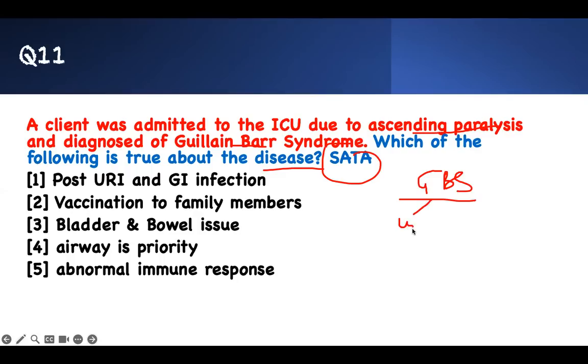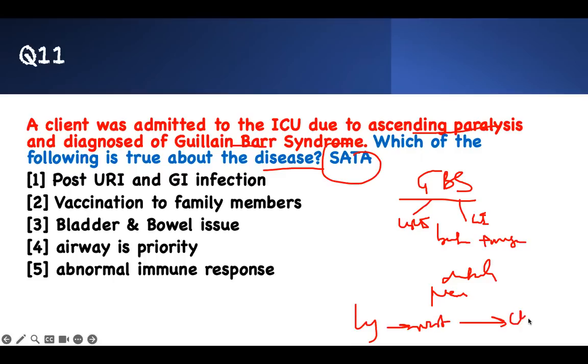They get URI symptoms or they start having GI symptoms, diarrhea, and the bacteria react with your immune system and you make antibodies and you start attacking all your nerves from your legs to your waist to your chest, then finally to your airway muscles. Yeah, but it can do a full recovery, right?